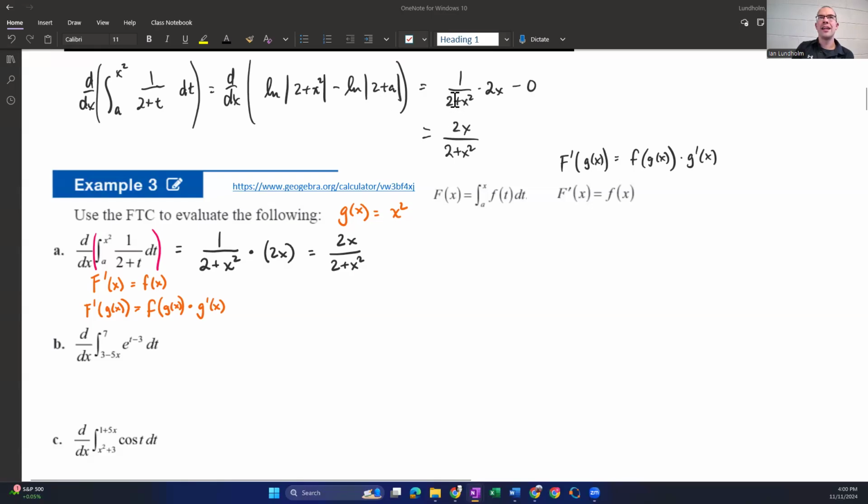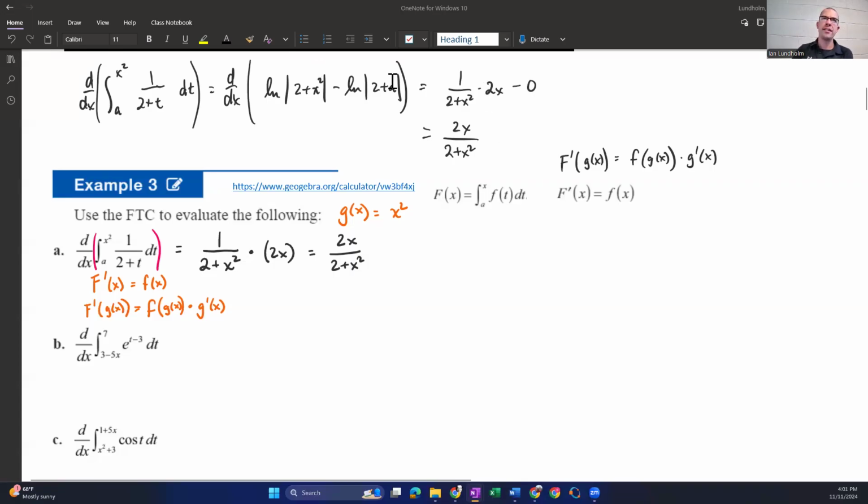And the idea is that when you take the derivative of this antiderivative, you end up getting 2x over 2 plus x squared. Like we did down here, on this part, you end up doing a chain rule, as you take the derivative. So doing the chain rule on this part means that you got 1 over 2 plus x squared, and then times the little inside function there.